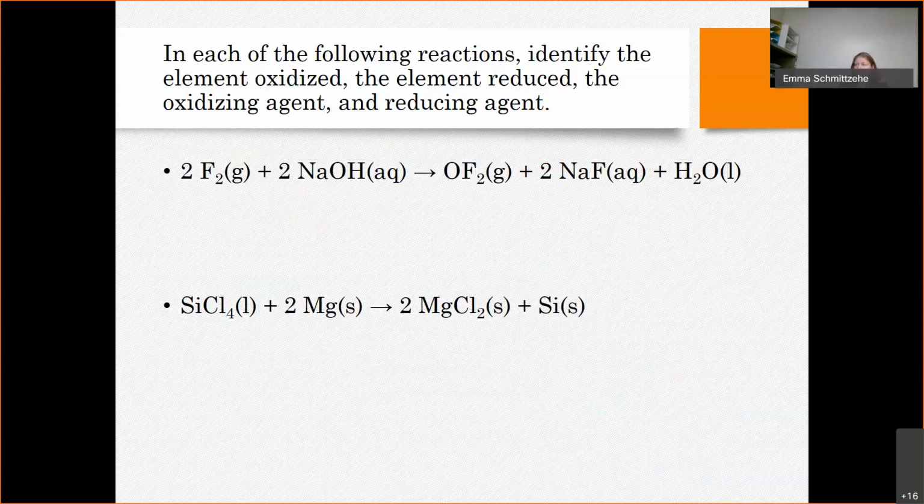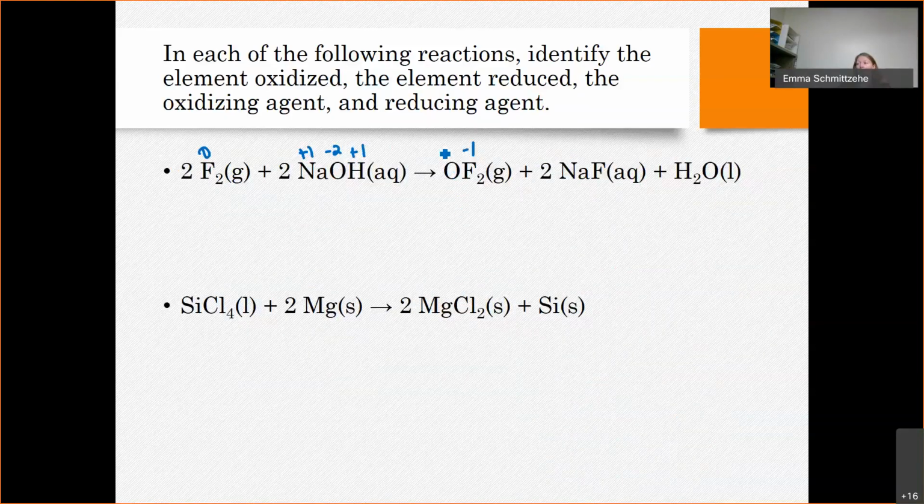So now I've got fluorine, which is by itself a neutral, so an oxidation state of 0. And then for sodium hydroxide, I have +1 for sodium because it's group 1, +1 for hydrogen because it's with at least one nonmetal, and -2 for my oxygen. And I have OF2, so remember fluorine should be -1.